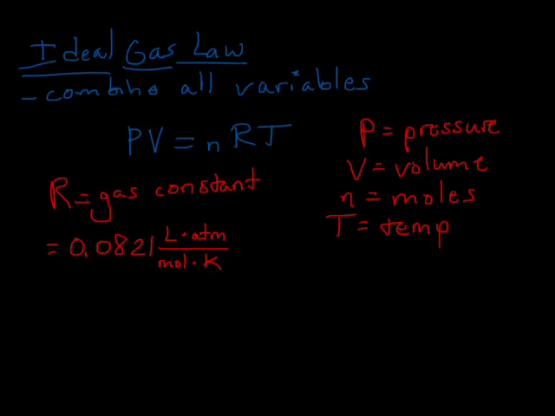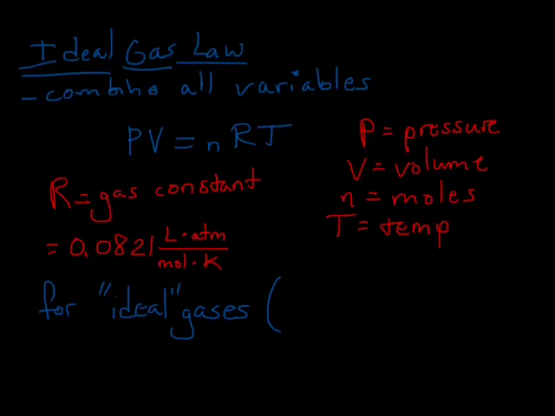One last thing to note about the ideal gas law, it's called ideal for a reason. We say that this is for what we call quote-unquote ideal gases, which is pretty much all gases, most of them. We'll talk more about what happens when they're not ideal. We actually call those real.